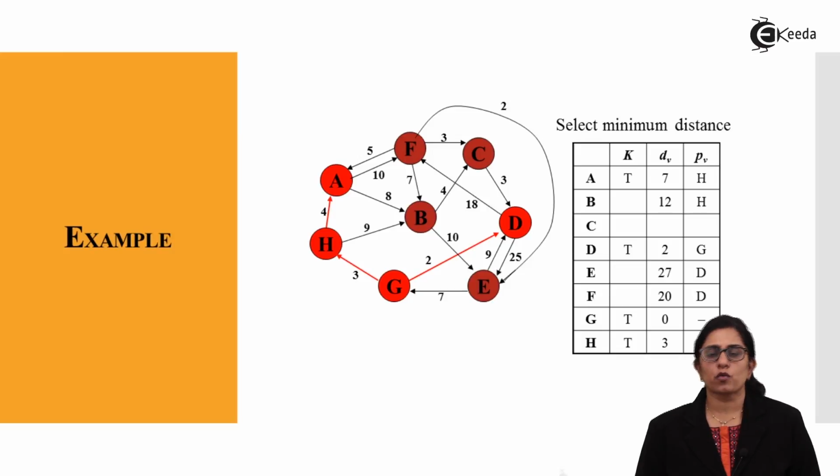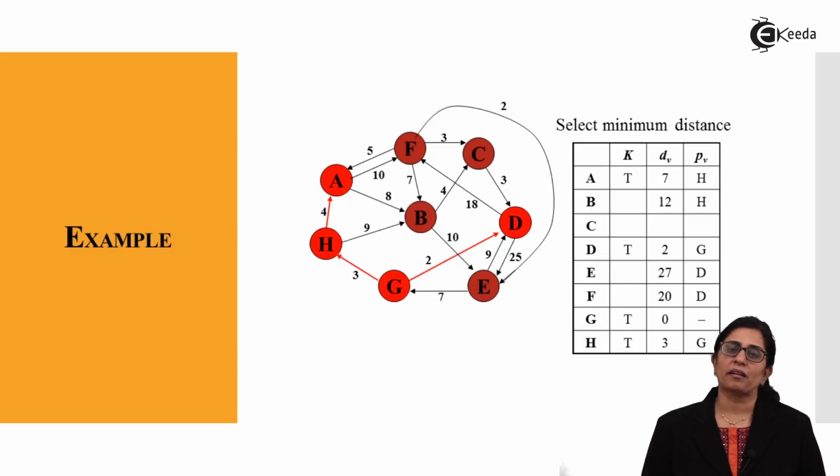From A, if you see, we can traverse to B. But A has a value of 7 and the edge from A to B has a value of 8. So 7 plus 8 will make it 15. But the minimum distance travelled, if I am reaching B from the previous node H, is 12. So we don't disturb that and we leave it as it is.